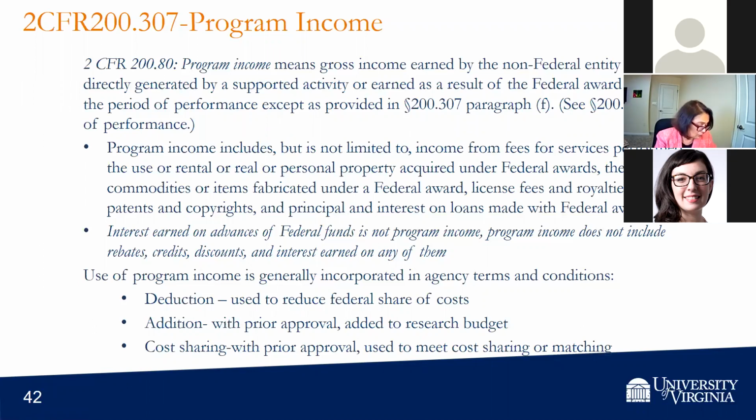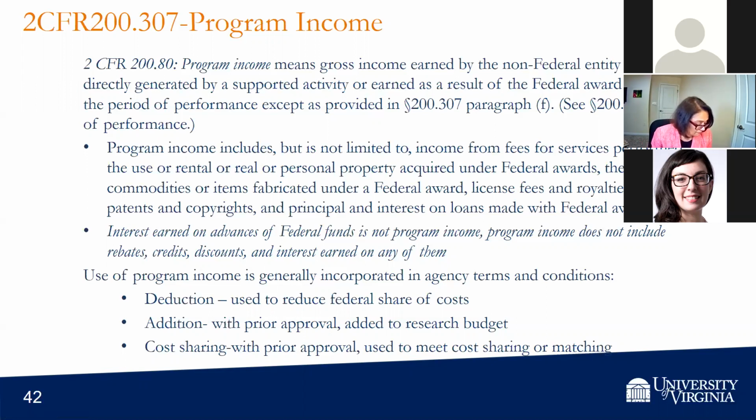If we are receiving program income, we have to track the income against these sponsored awards, and generally the program income gets added to the research budget. So what happens is we apply the money to defray the costs of the federal share, and then the PI gets more budget than the original awarded budget, so it is added to the budget also.